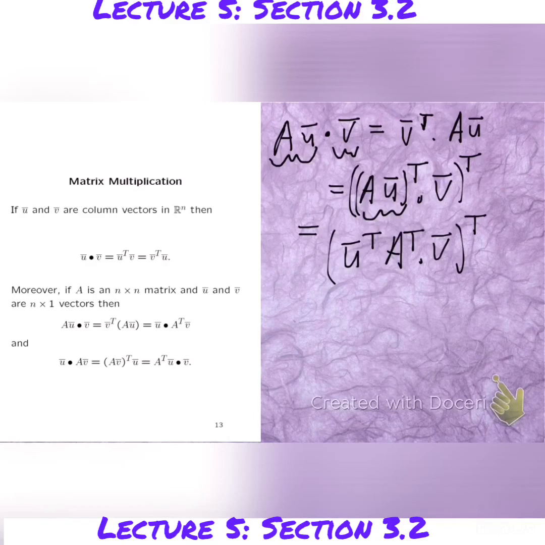Right. So what we're going to do now is group these two matrices together and apply the transpose laws.